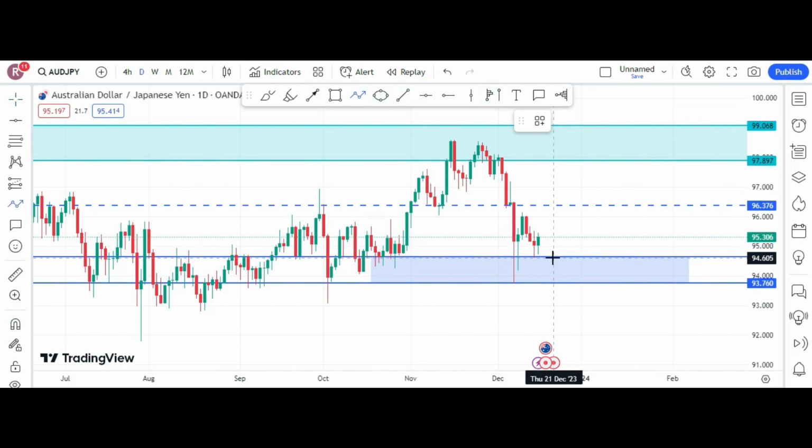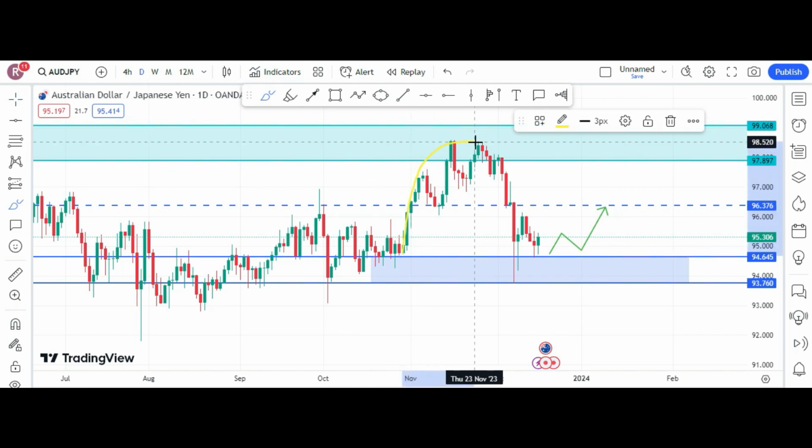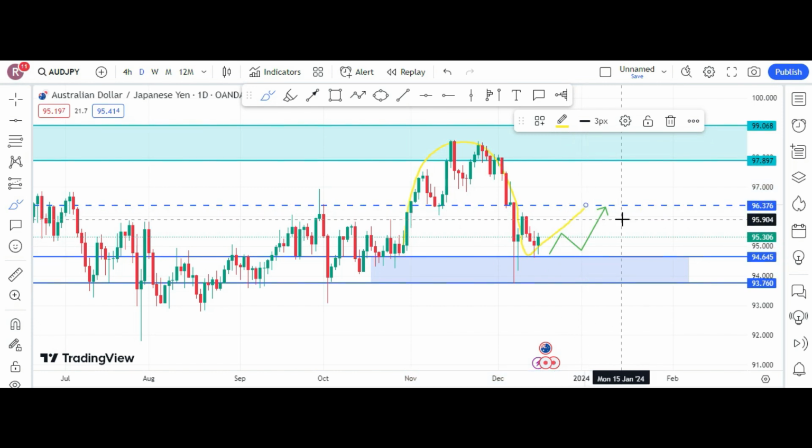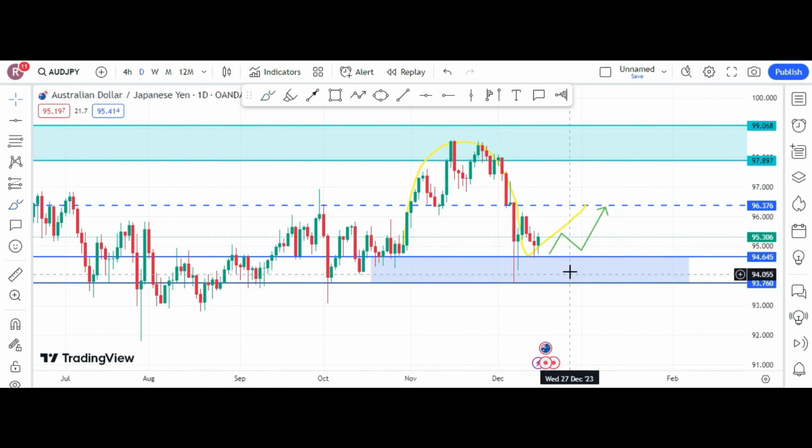So this is my assumption right now, that the price will test and reach here, and once it reaches here, you guys can see that an inverted cup and handle will form. This will be the cup, and this will be the inverted handle. I'm not expecting that the price will break this area very easily, because you can see there is a huge player involved here.